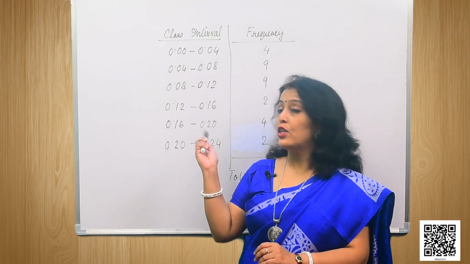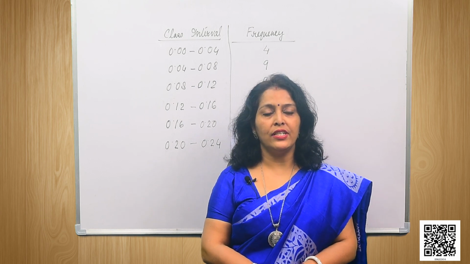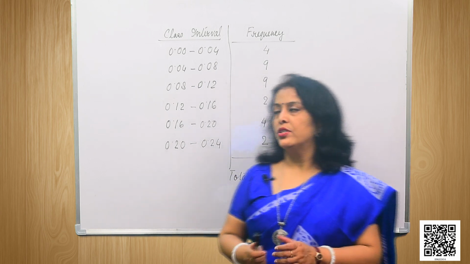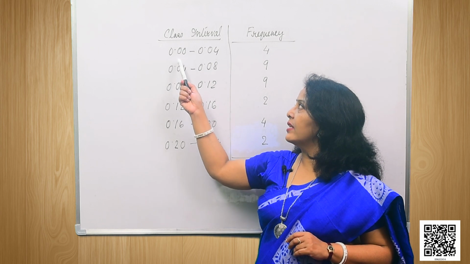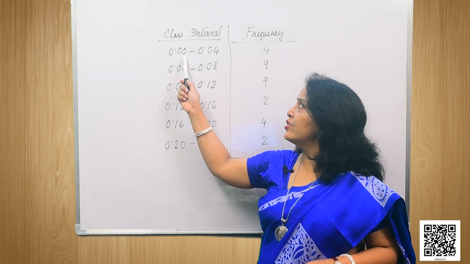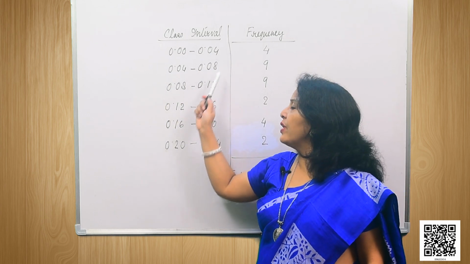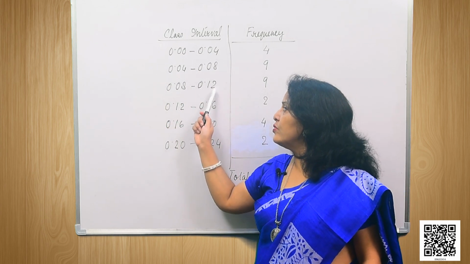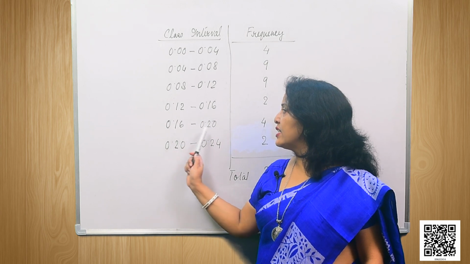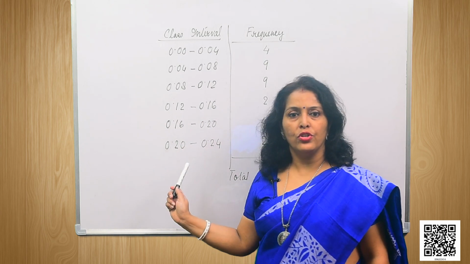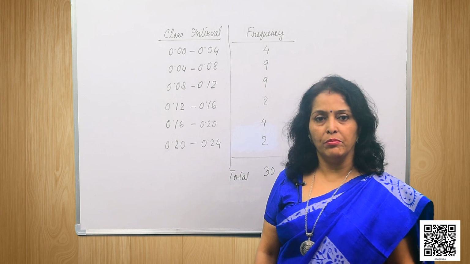So this is your grouped frequency distribution table. As per the question, I have made the class intervals as 0.00 to 0.04, 0.04 to 0.08 and then up to 0.12, 0.12 to 0.16, 0.16 to 0.20, 0.20 to 0.24, so that we can include all the numbers.